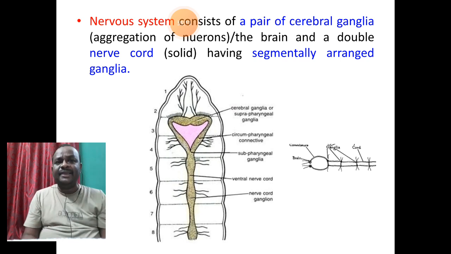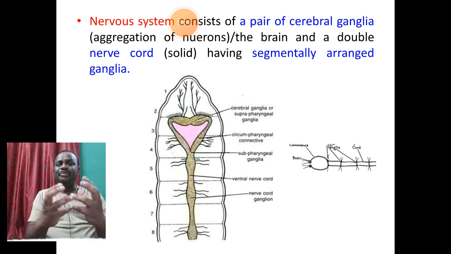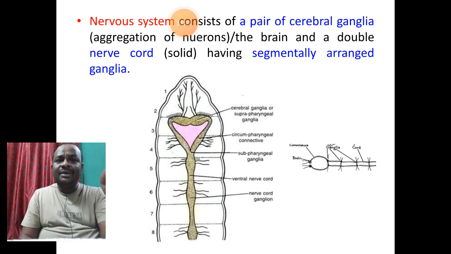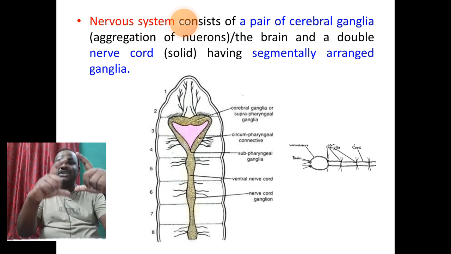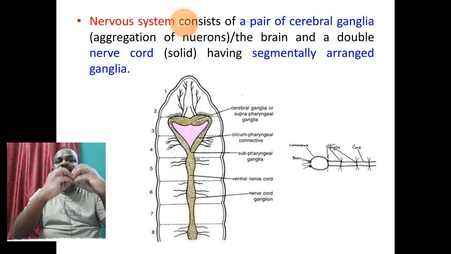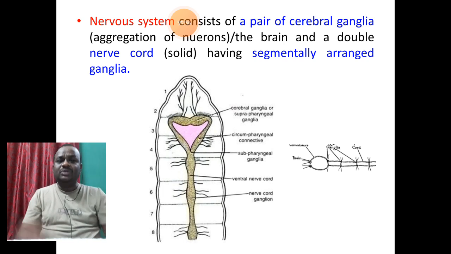This happens in segments 2 and 3 and continues till 4. Can you see a ring-shaped or garland-shaped structure? That is made up of a pair of cerebral ganglia. So that is the actual brain of the organism.